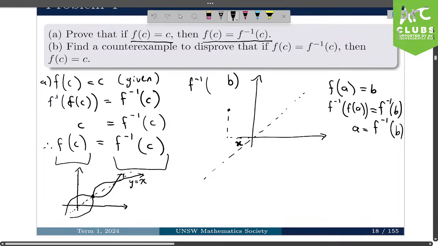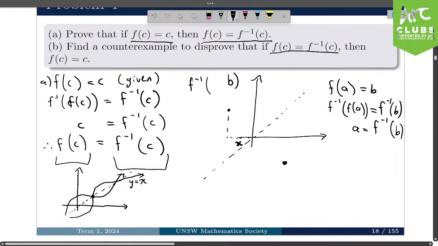So given this point on our graph of f, we know that there must be this reflected point on our graph of inverse f, right? So there must be some point here on the graph of the inverse. And if we want our two graphs to intersect, then we just need to place a point in that spot on our graph of f of x, right? Of the function.